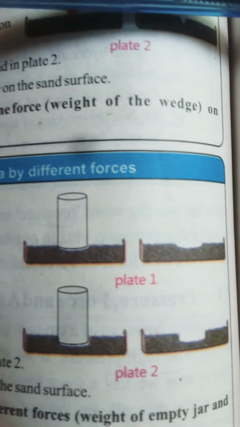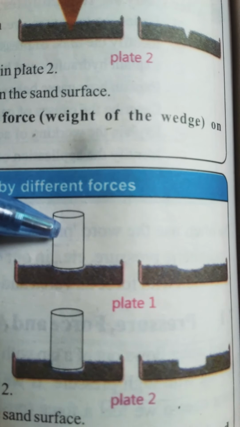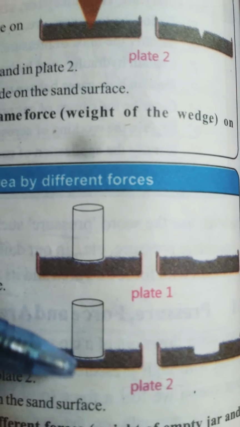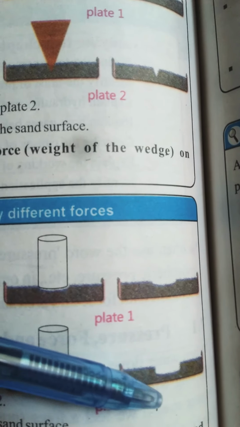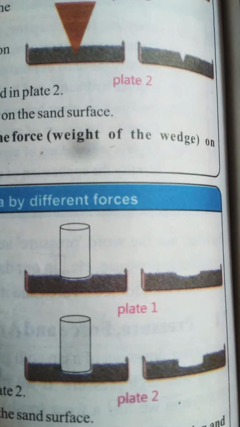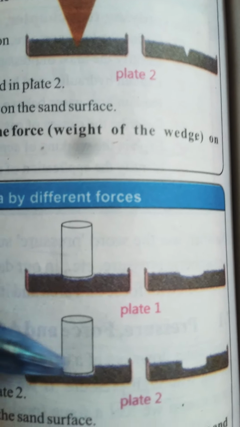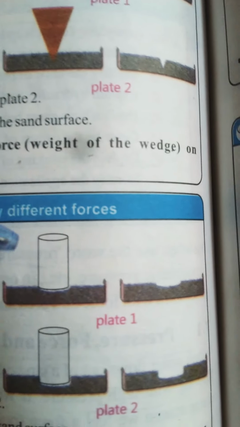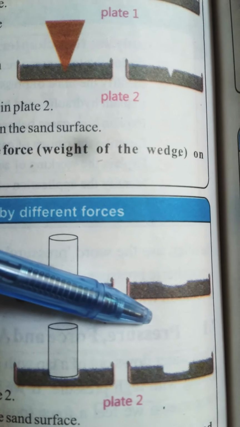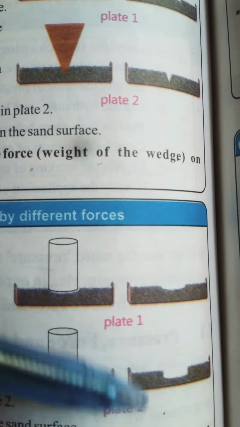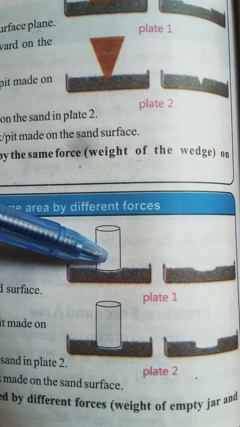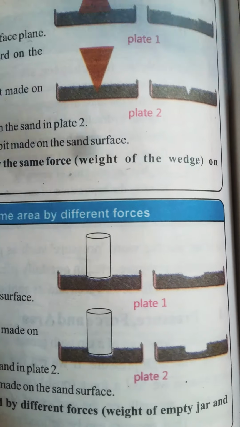Here the jar is empty, and on plate 2 we have filled it. Now you can see the depth is more. It means that the force is more in this, and the pressure is also high. And if the force is less, then the pressure will be low. So this depth on the sand is showing us the pressure of the jar on the sand plate.